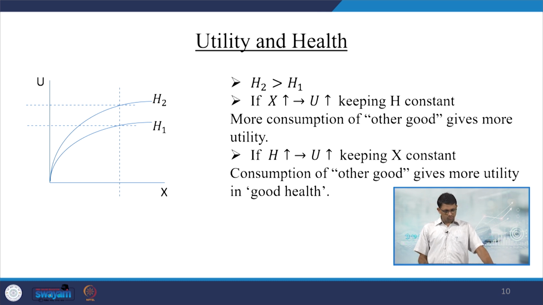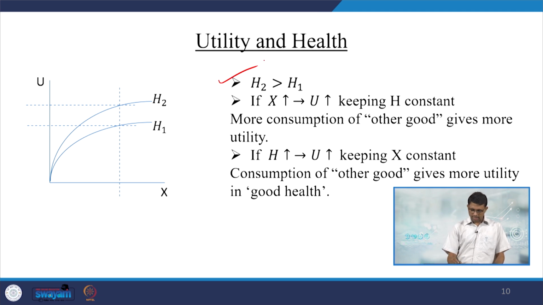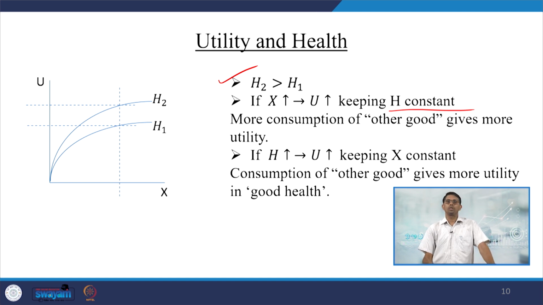In this case, h2 is greater than h1. But please remember that there is a direct relationship between x and utility, with the assumption that h is constant, and more consumption of other goods gives you more utility.